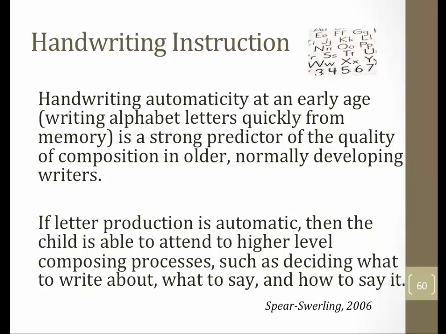And if these children don't receive explicit instruction in letter formation, and this really needs to occur in preschool, and have good pencil grip and form the letters from top down, left, right, they're not going to be automatic in writing. And there's good research. Virginia Berninger has done great research on showing the correlation between automaticity in forming letters and written composition.